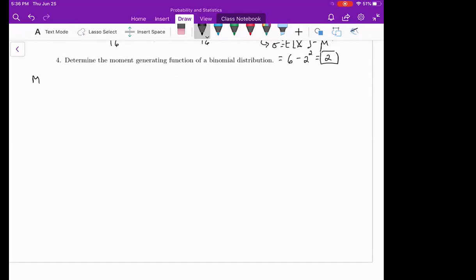We want M_X(t), which by definition is the sum of e to the tx times the binomial PMF, which is n choose x, p to the x, 1 minus p to the n minus x.